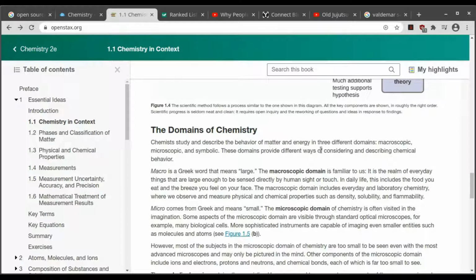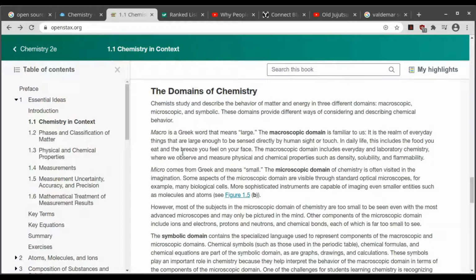The macroscopic domain is familiar to us, includes the food that you eat, the breeze you feel in your face. The macroscopic domain includes everyday and laboratory chemistry, where we observe and measure physical and chemical properties such as density, solubility, and flammability. So all of this falls under the macroscopic domain.